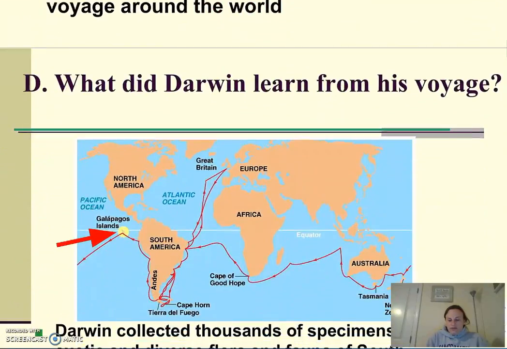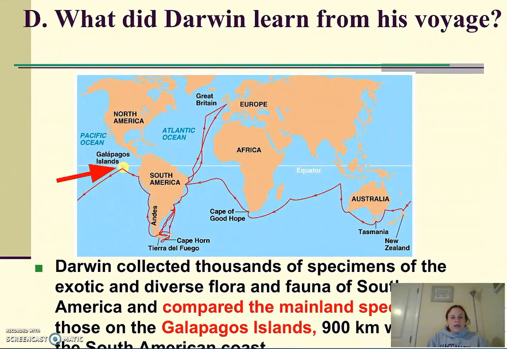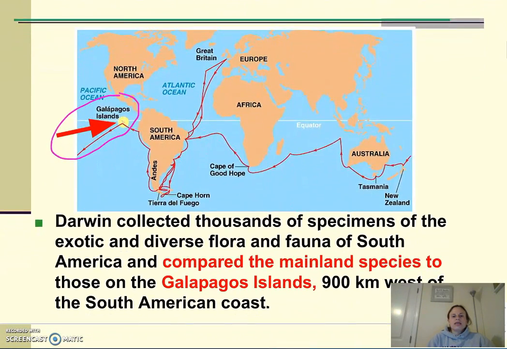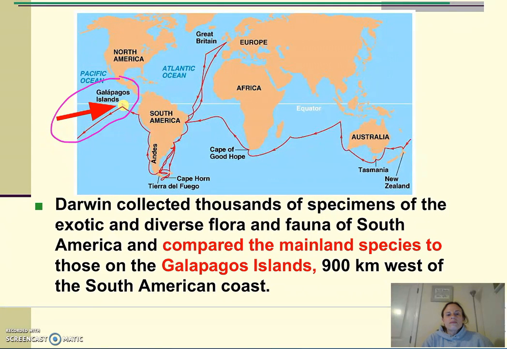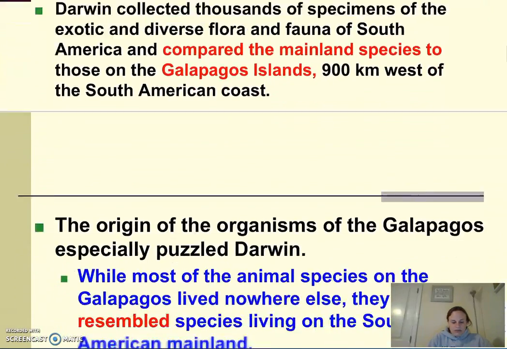And what Darwin focused on were the species that he found on the Galapagos Islands. What he noticed was that there were many endemic species, meaning that there were a lot of species that were only native to those specific islands, but that they had seemed to diversify from the mainland of South America.